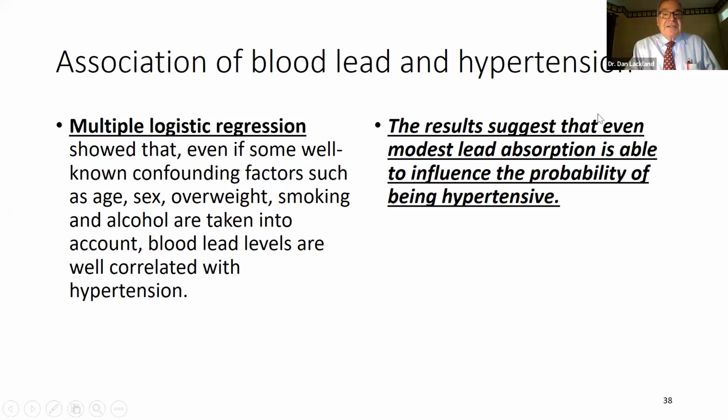The results suggest that even modest lead absorption is able to influence the probability of being hypertensive. You would say that blood lead is an important consideration in the development of high blood pressure.